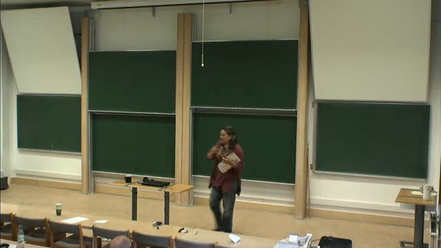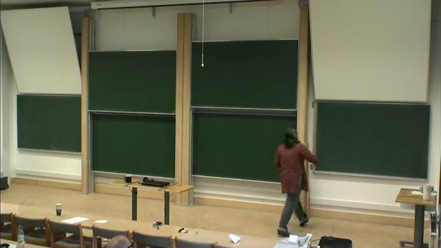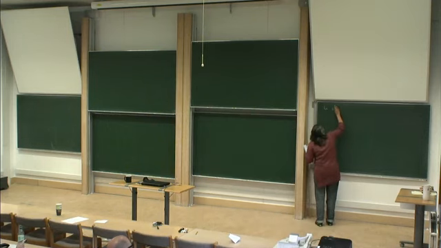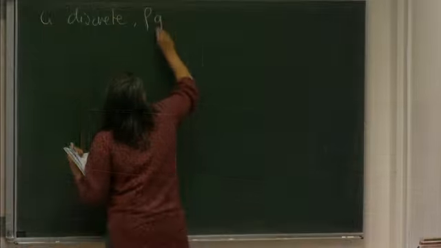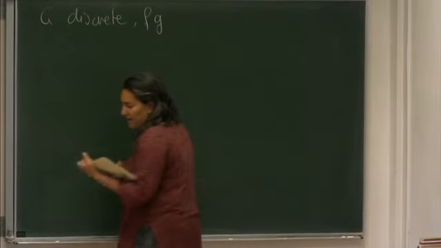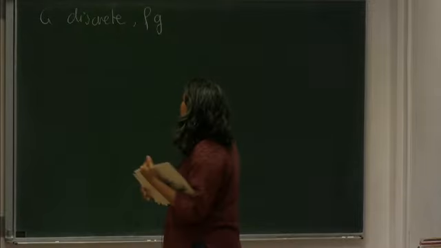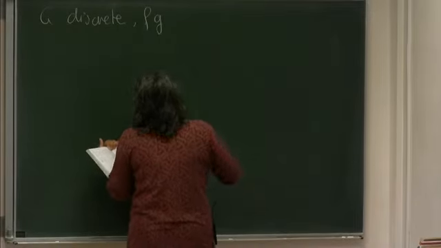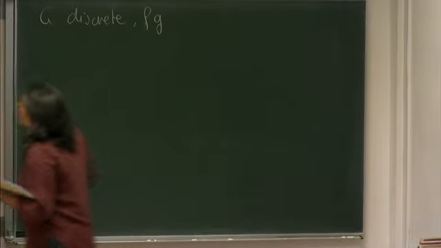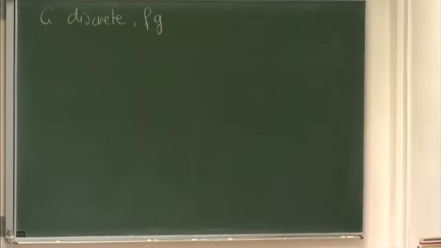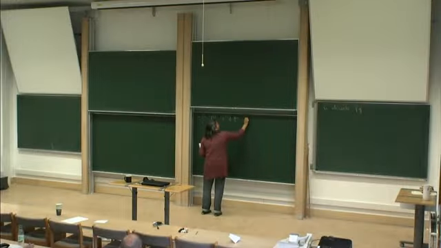So I'm going to take a discrete group G, discrete, finitely generated, and locally compact, compactly generated is okay.